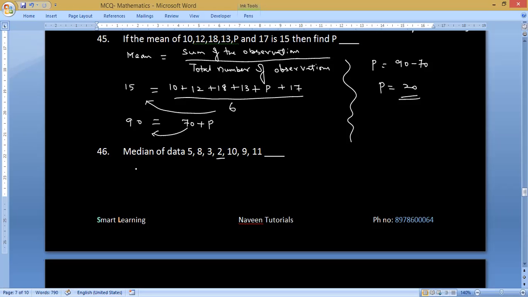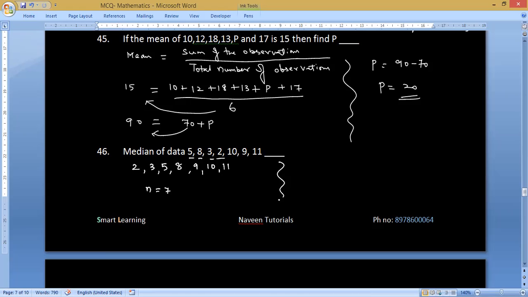So first I'll write 2, 3, 5, 8, then 9, then 10, then 11. After writing the observations in ascending order, the total observations are 1, 2, 3, 4, 5, 6, 7. So n is equal to 7.